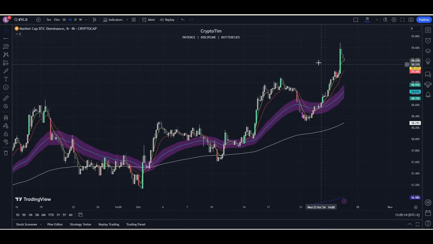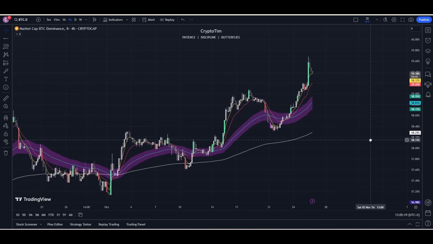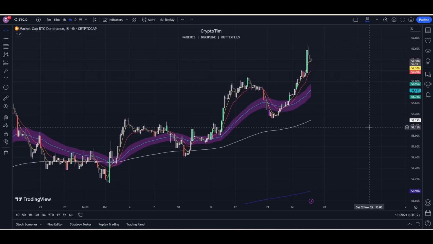So finally, we could also have a look at the Bitcoin dominance. Remember the altcoin season we were talking about earlier? This goes hand in hand with the Bitcoin dominance. This is the Bitcoin dominance in percent of the market cap. So the whole market cap of the crypto markets, and this percentage shows how big Bitcoin is in this whole market cap.